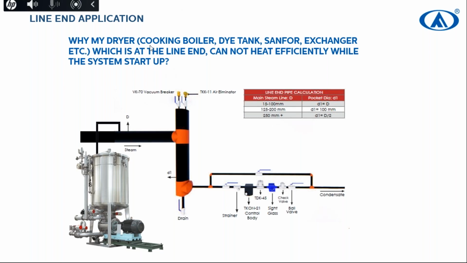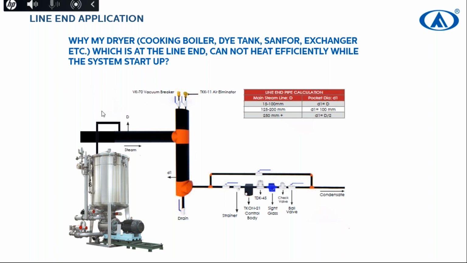Why can my dryer, cooking boiler, dye tank, SunForce, heat exchangers, etc. at the end of the line not heat efficiently during system startup? Let's be honest, in every system, at the end of the line there is a machine working inefficiently.